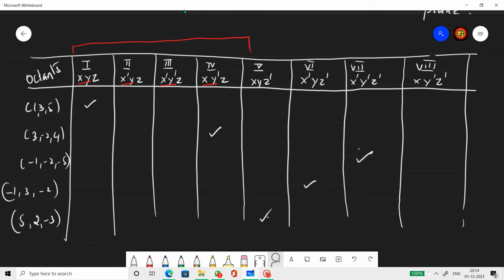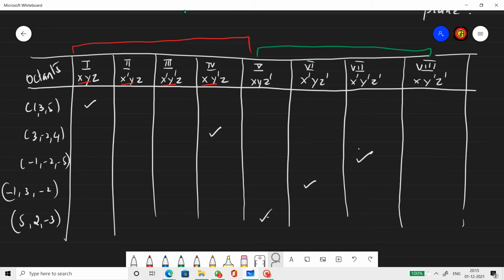And then from the 5th to the 8th, x and y will have the same nature as in the first 4, or just like in the quadrants: x positive, y positive; x negative, y positive; x negative, y negative; and x positive, y negative. But z will be negative throughout. So this is how a given space is divided.